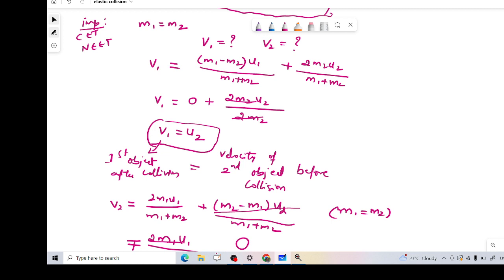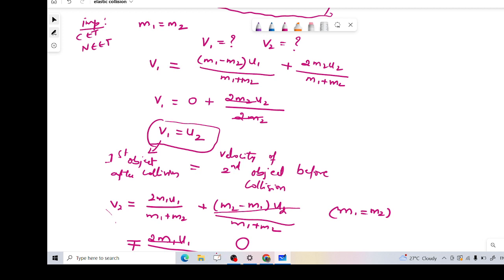So if there is v1, then we are adding the m2 object before collision, and we are subtracting the masses and multiplying with the initial velocity u1. And in the v2 case, what we are doing, see this denominator m1 plus m2 is common here.